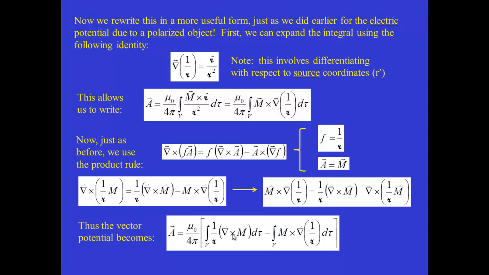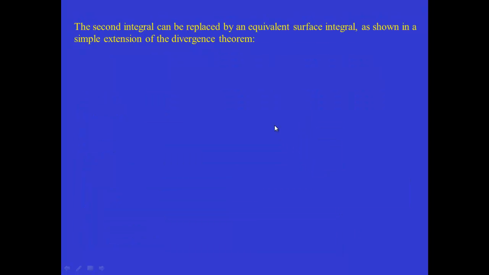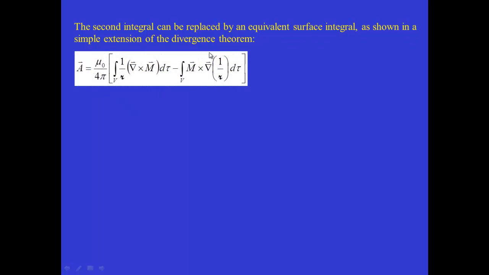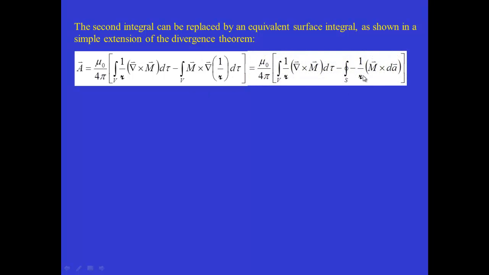But we'll get there in just a moment, because first we have to do a little bit of work with this second volume integral to rewrite it in a different form. The second integral can be replaced by an equivalent surface integral. I won't show you the details, but this comes from a very simple extension of the divergence theorem. So this second term is going to get replaced by a term that involves a surface integral.